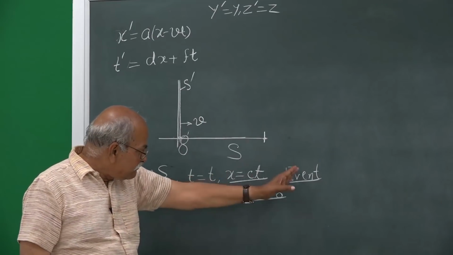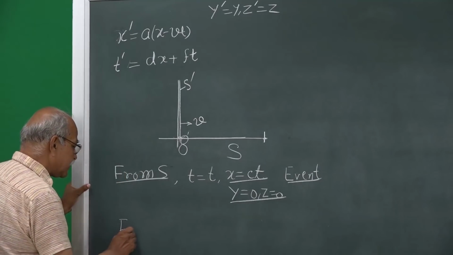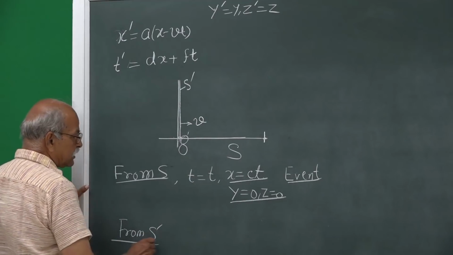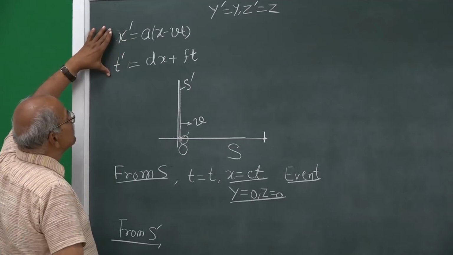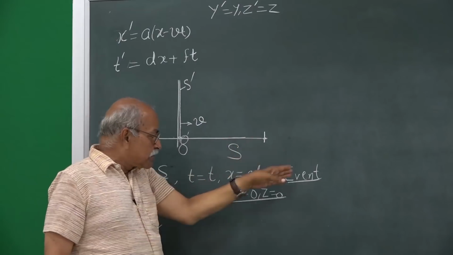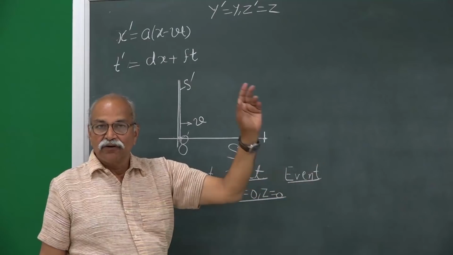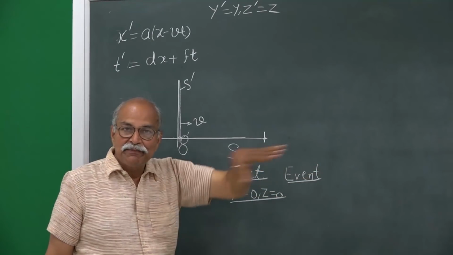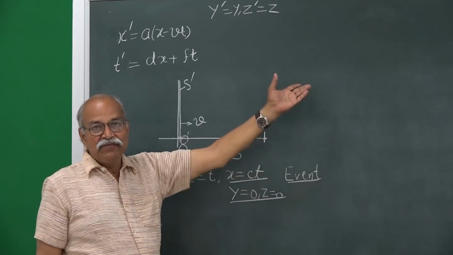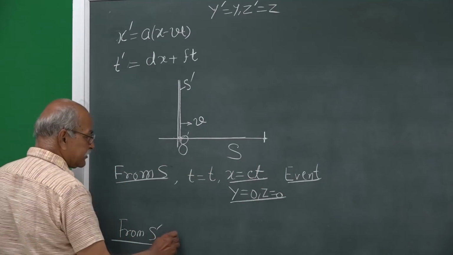Now, if the same event is seen from S prime, what will happen? From S prime, use transformation equations here. This particular event is on the x axis, because x axis and x prime axis are both on the same line. So, this event has taken place on the x prime axis, y prime is 0, z prime is 0. So, what is x prime?